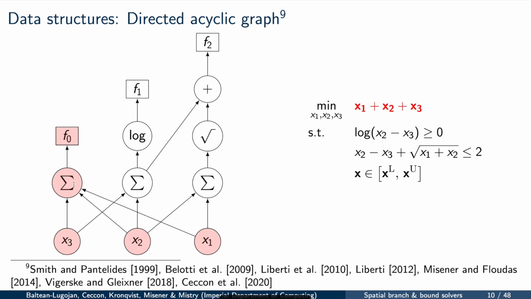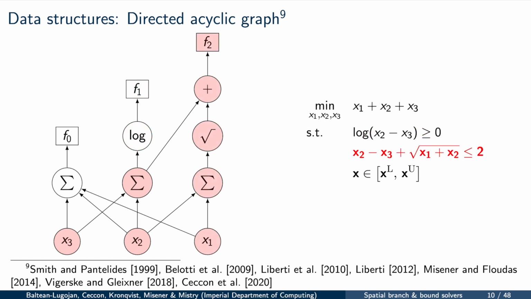Then I have some sort of summation operator into which all of those variables go, and that is my objective. Then I have this log constraint that incorporates variables x2 and x3, sums them, takes the log. That's my first constraint. And then I have another constraint that basically does a number of other operations.